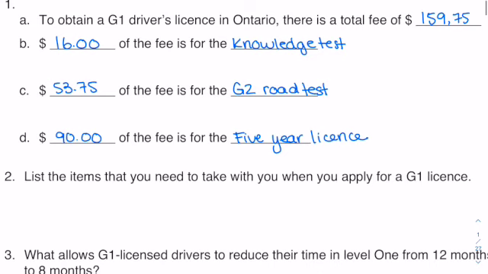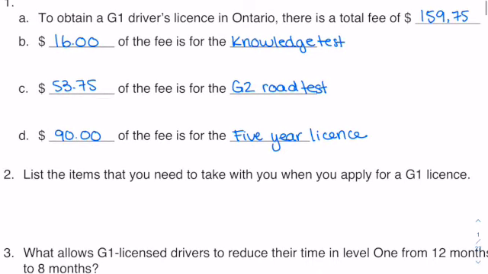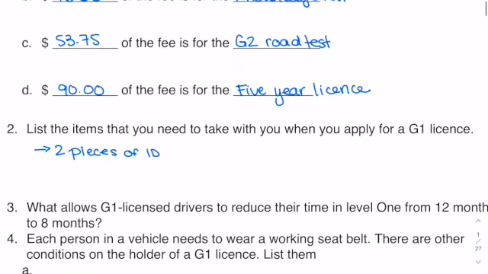The next question is list the items that you need to take with you when you apply for a G1 license. So you need to bring 2 pieces of ID. It can be passport, health card, birth certificate. They have to be government issued pieces of ID.